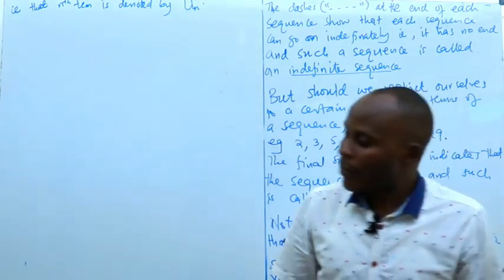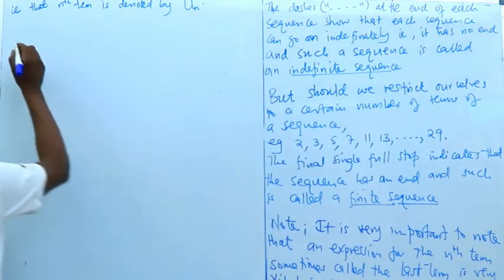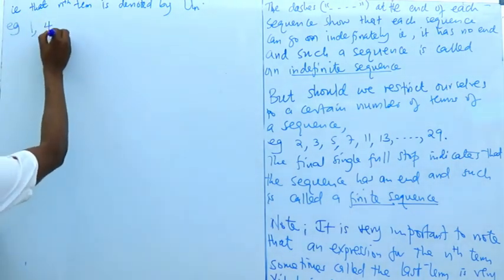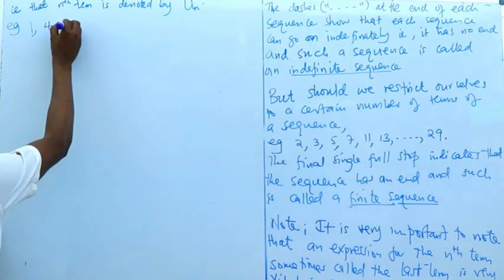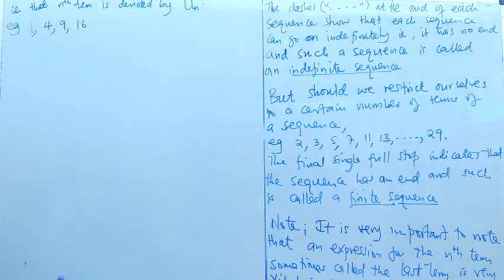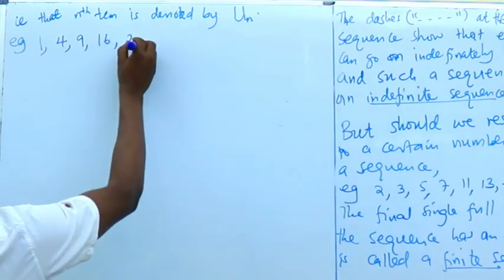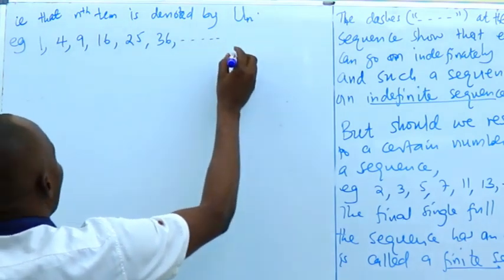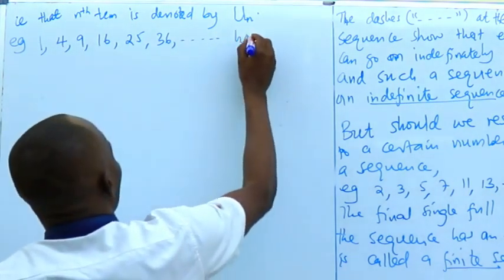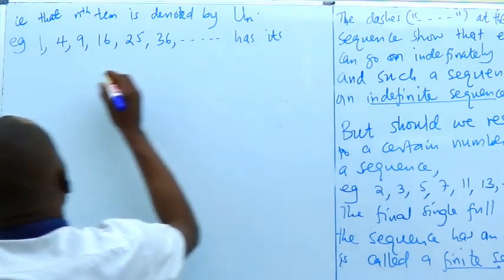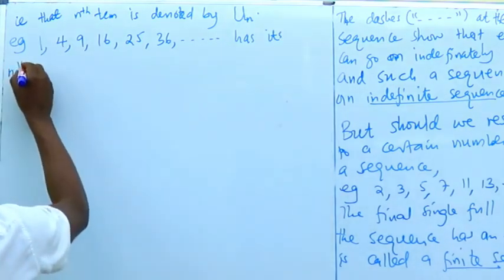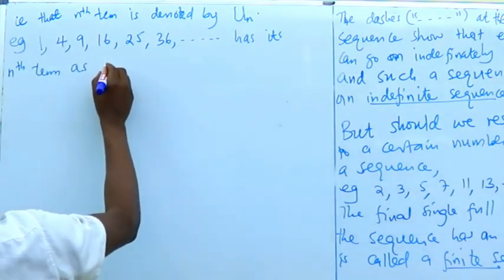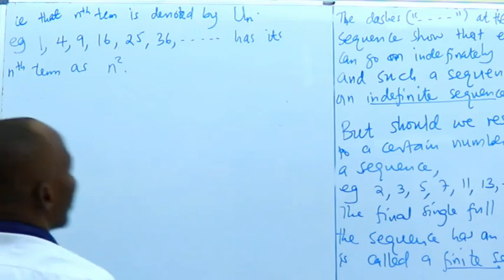For instance, 1, 4, 9, 16, 25, 36, and so on, has its nth term as n squared.